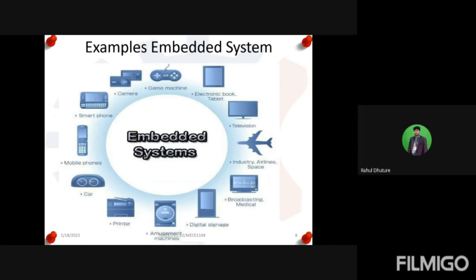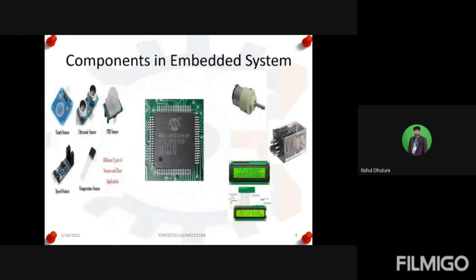Okay, so all these things are related to the embedded system, these are the components. Whenever we have to use this embedded system, some hardware components we have to use to execute any kind of task, because every hardware has some programming, and due to that programming we can control or give commands for performing a task using the microcontroller. This is a microchip here.